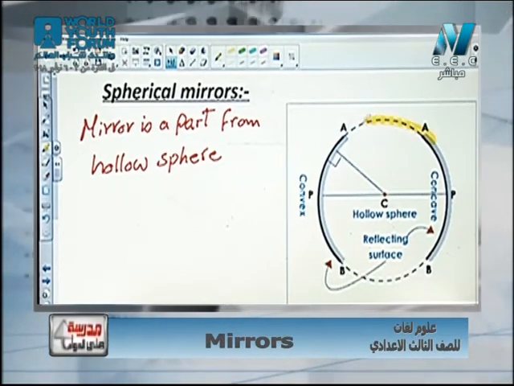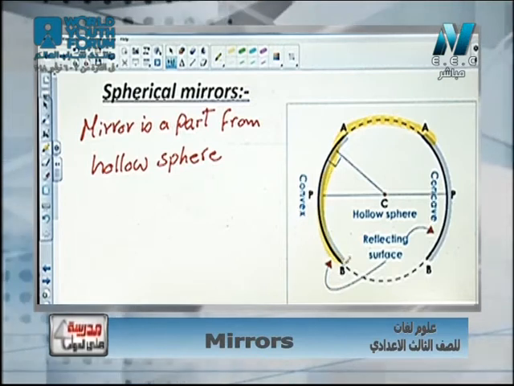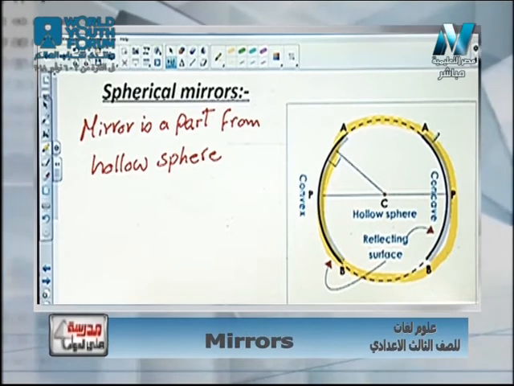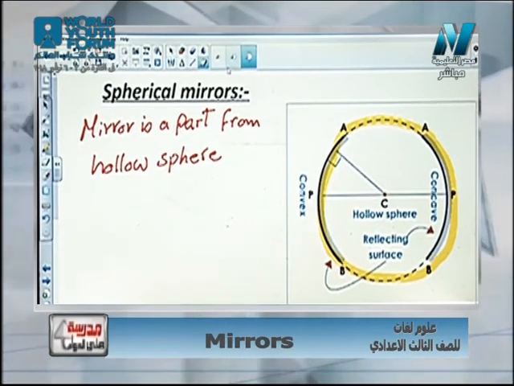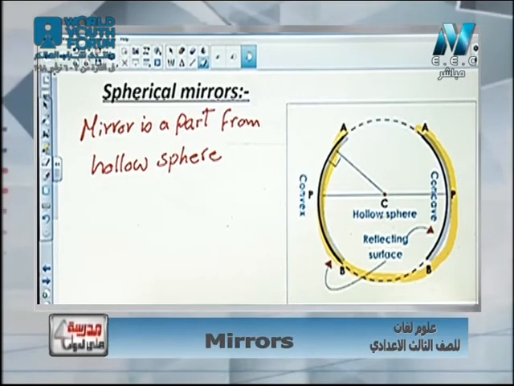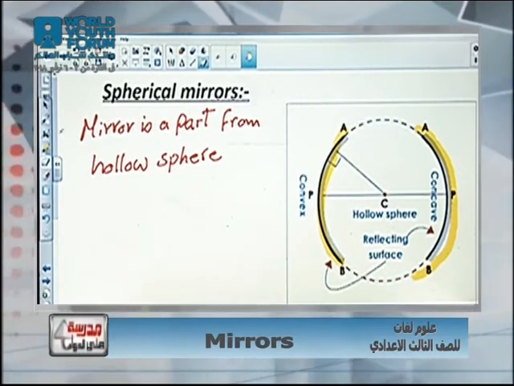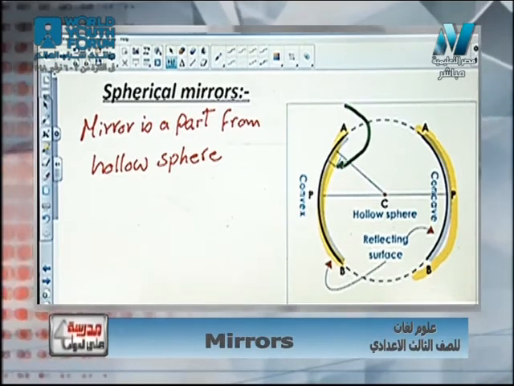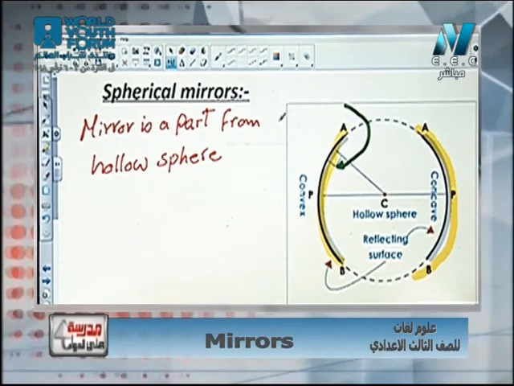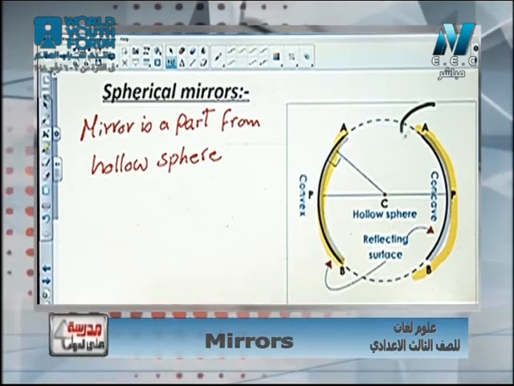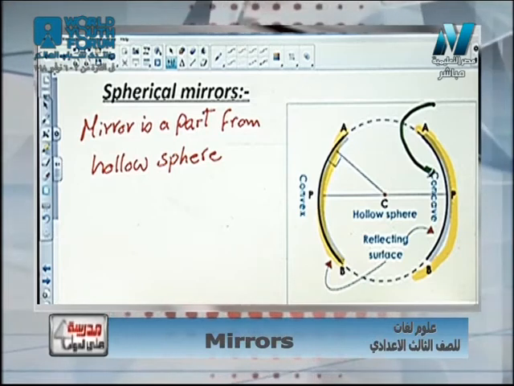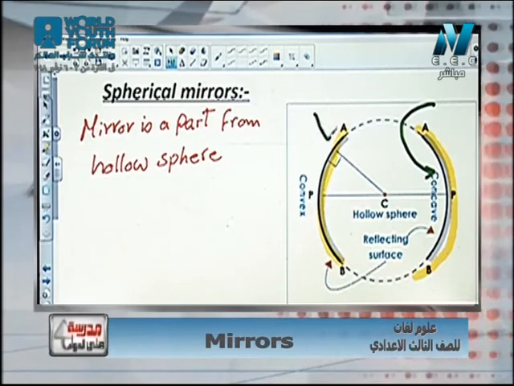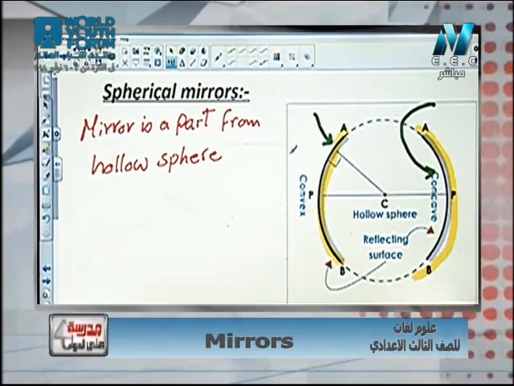Here we have a sphere, as we can see, عندنا كورة. So this mirror is a part from a hollow sphere. And we have two types of the spherical mirror. Number one, we have concave mirror, as the inner part of the sphere, and we have convex mirror as the outer part of the sphere.